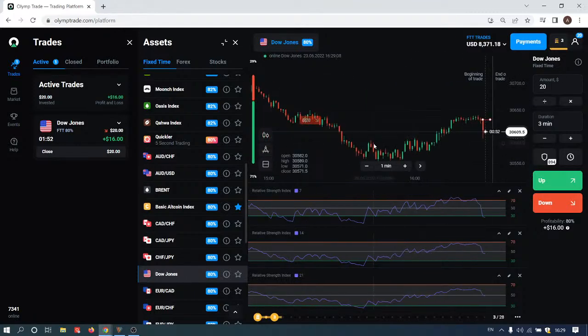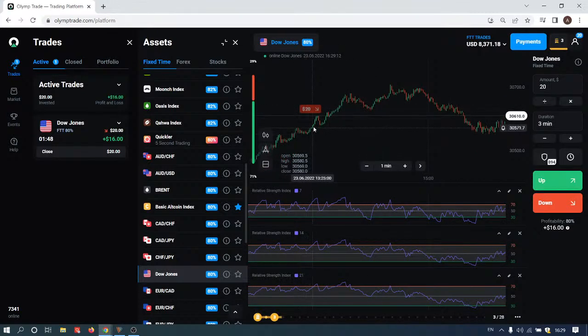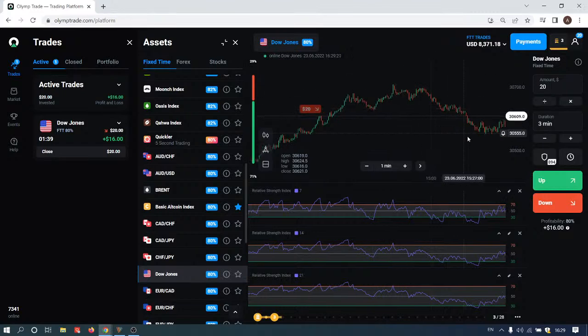So the nature of markets and charts is that even when prices go up, eventually they make a little pullback. The price goes up, makes a pullback, goes up, another pullback, and so on.